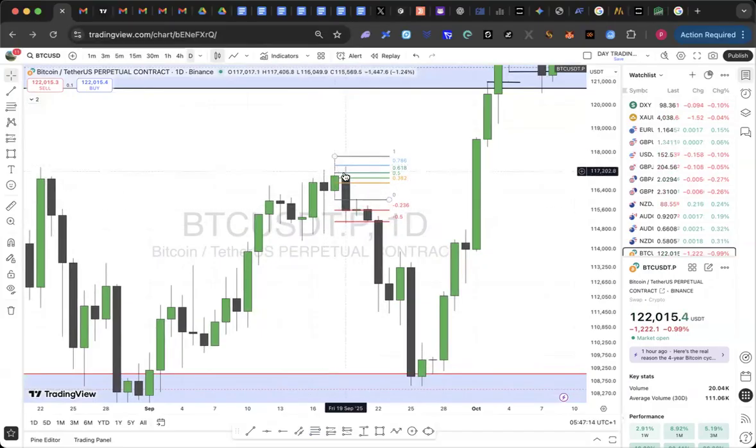It's not because it wants to travel. You may have a fair value gap there. If not, it would have just traveled to the 50% retracement level, or 60%.